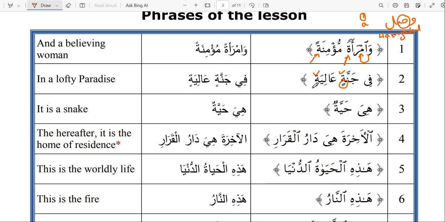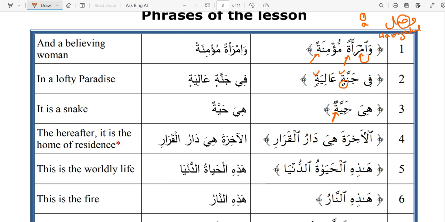Fi jannatin aliyatin means in lofty paradise. Aliyah means high. And here, hayyatun. Hayyatun means snake. In English, snake is not clearly a male or female noun, because the gender is not revealed clearly.